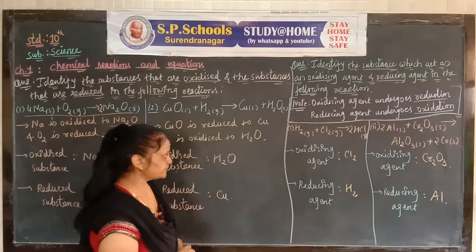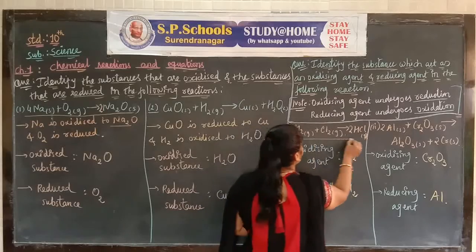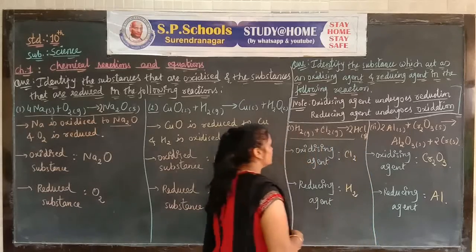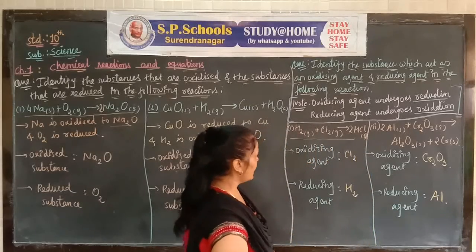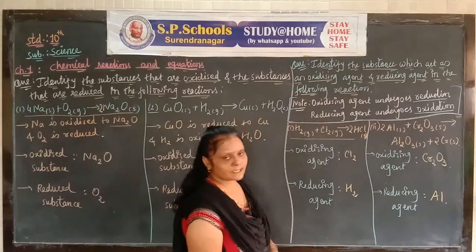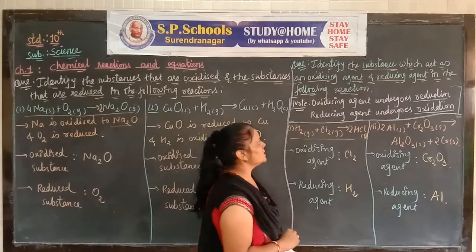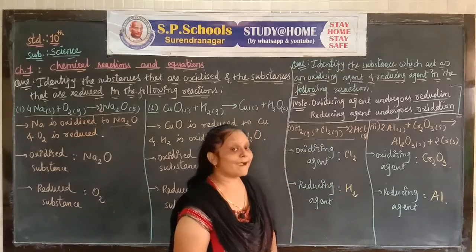The first equation is H2 plus Cl2 gives us 2HCl. Here oxygen does not appear in the first equation, so we concentrate on the hydrogen.